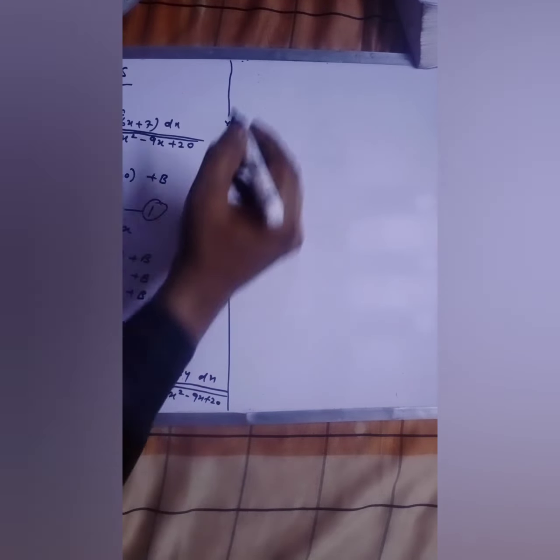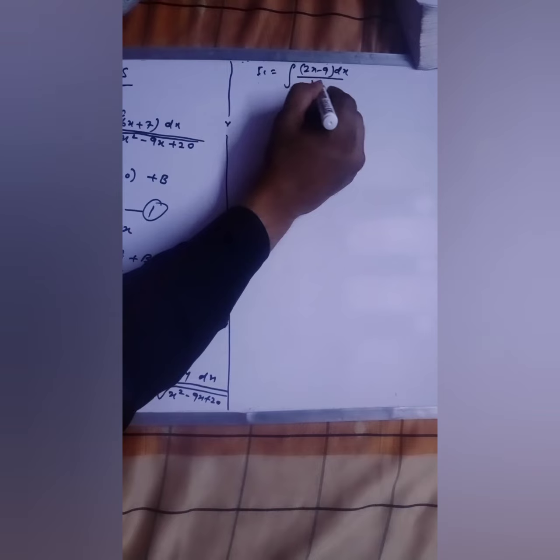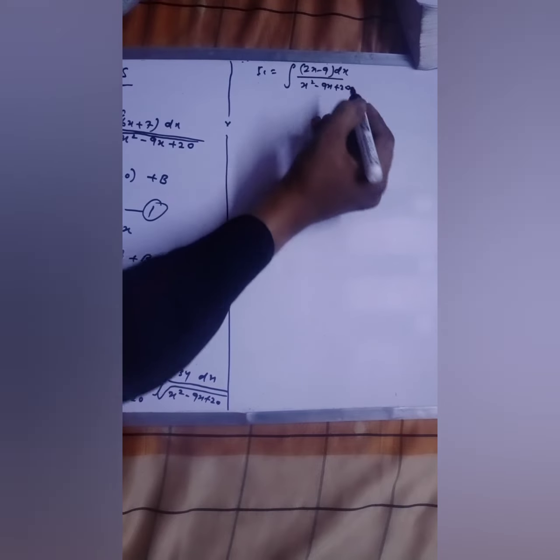So here your I1 is the integral of (2x minus 9) dx over the square root of x square minus 9x plus 20.